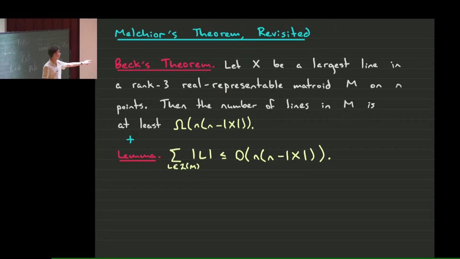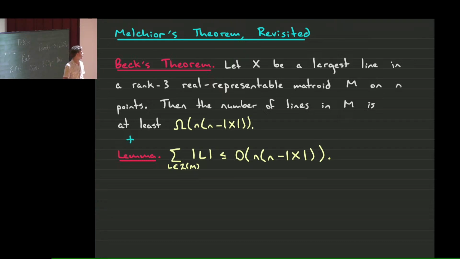When I write script L of M, I mean the collection of lines in your matroid M. I'll use script P of M for the collection of planes similarly. So I want to show that when I sum over all the sizes of lines in the matroid, we get this approximation. And this is a pretty straightforward combinatorial proof that only relies on the fact that a distinct pair of points in a matroid spans a unique line.